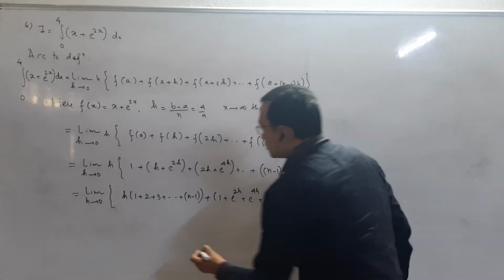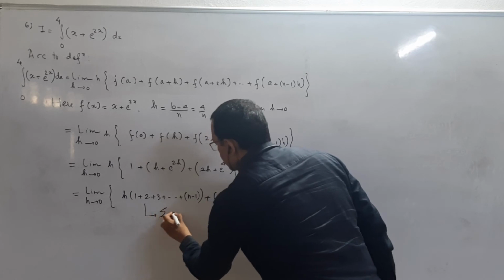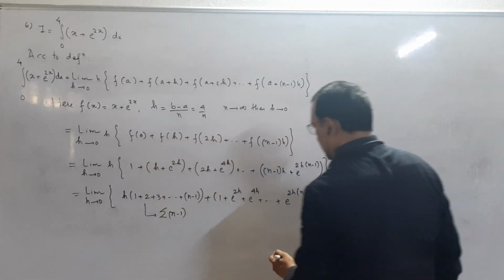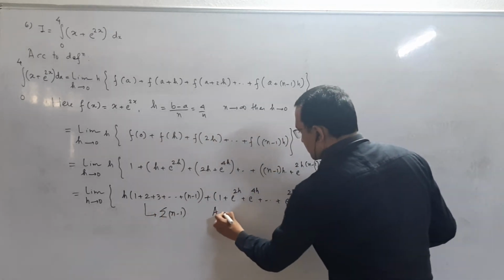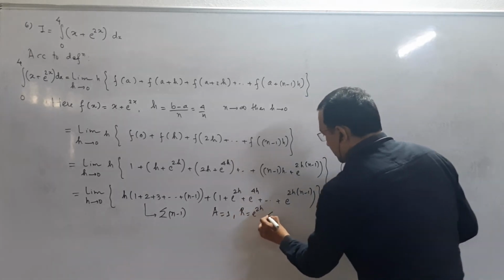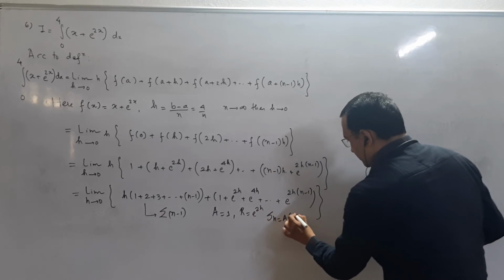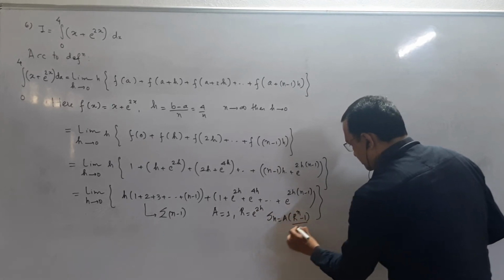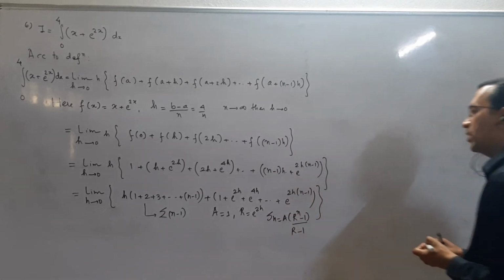Now students, this will change to sigma n minus 1. This is a GP where first term is 1, r is e raised to 2h, so the sum is a, r raised to n minus 1 upon r minus 1.